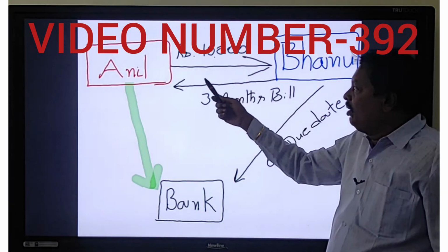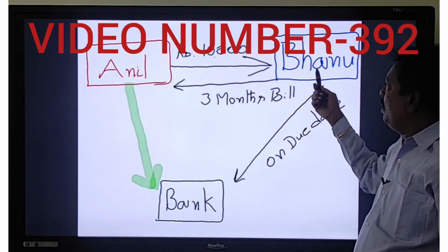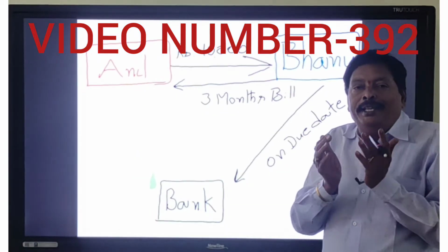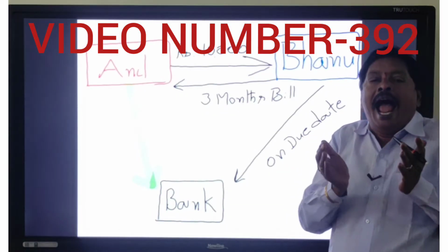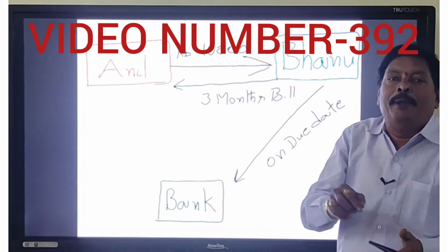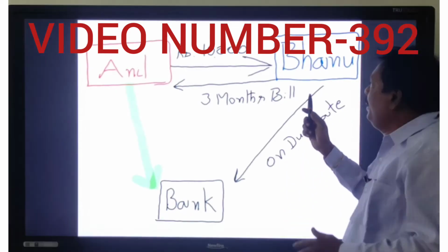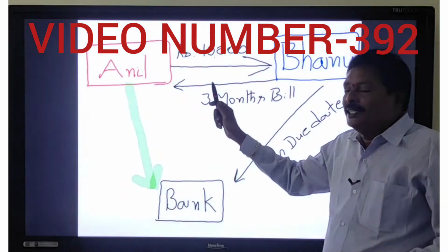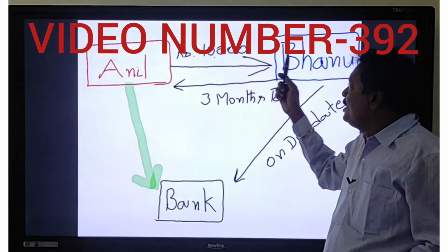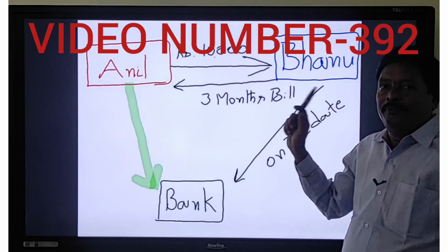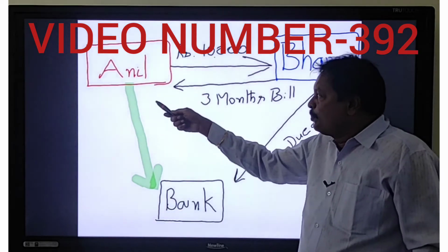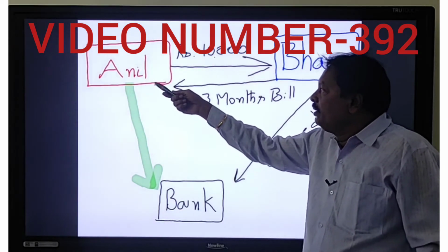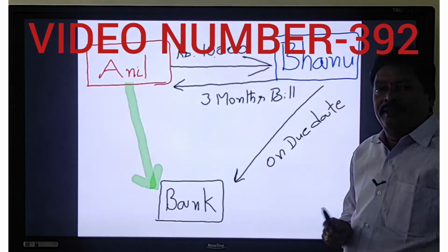After the bill is drawn on Banu, Banu reads the bill carefully, signs it, and immediately returns the 3 months bill to Anil. That means Anil gets acceptance from Banu for the 3 months bill. Immediately, in this problem, Anil sends that bill to the bank for collection.